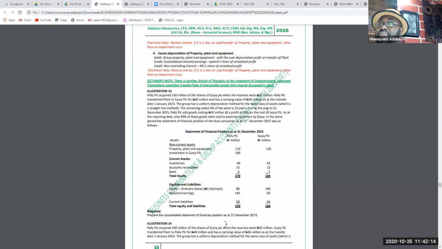Somebody asked, is it compulsory to show entries in the exam? That is the accounting entry. It is not compulsory except otherwise required, but it is necessary so that you can know what to do at every point in time. In the exam, you don't put everything in your head so that when you get to the balance sheet to consolidate, you can't remember what you need to do.